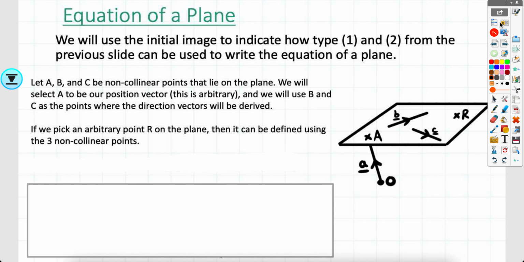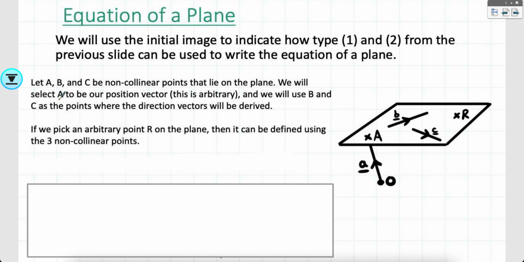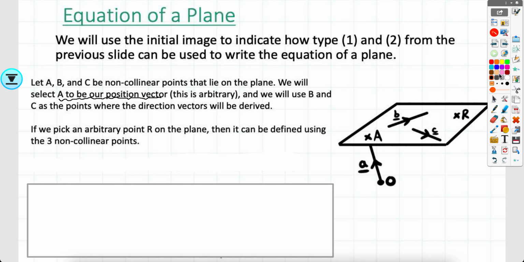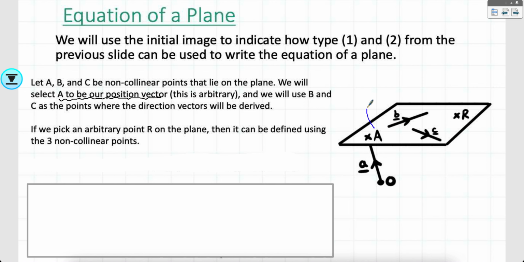You could pick A, B, or C, but I'm going to pick A as the clear point that my plane goes through. And then I will say that points B and C will have direction vectors. So these two are my direction vectors. To clarify, this is my point on the plane, and these two are the direction vectors that are on my plane.